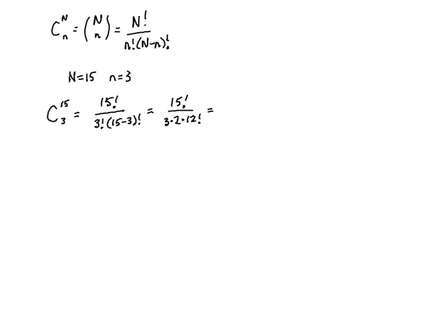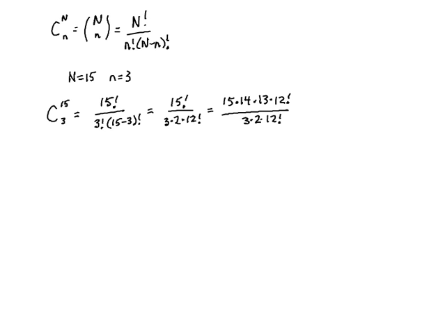Now, many times you can get a lot of cancellation. 15 factorial is 15 times 14 times 13 times 12 times 11 times 10 times 9 times 8, and so on. In other words, 15 times 14 times 13 times 12 factorial. I stopped there because I have a 12 factorial in the denominator that will cancel with it. And then I still have the 3 and the 2.